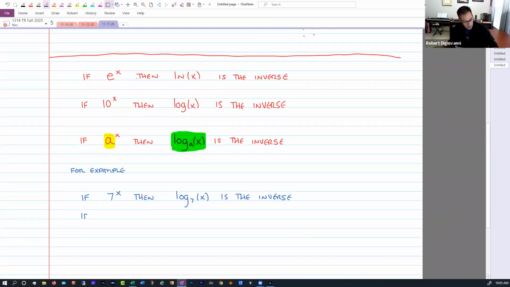Another one, if we have 4 to the x, then log base 4 of x is the inverse. If we have, I don't know, we could put anything we want here. If we have 12 to the x, then log base 12 of x is the inverse.